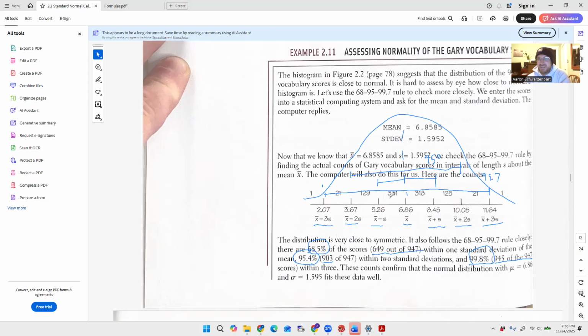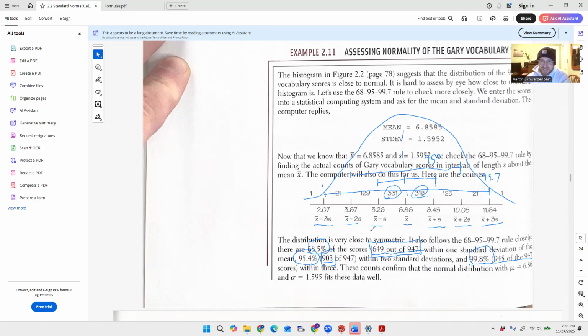This would be tedious if you had to actually do it, but you have to take and tally mark everything until you put it in each category. Figure out how many are in there, how many are in here. If you're doing a problem from the book, they're going to give you that kind of information. But we did need to add those parts up to get the 649, get the percentage.